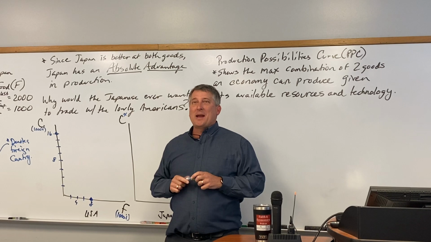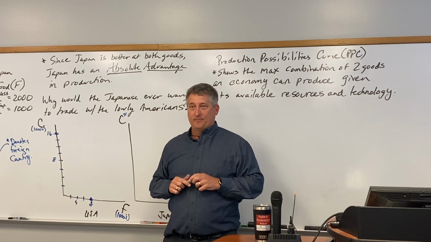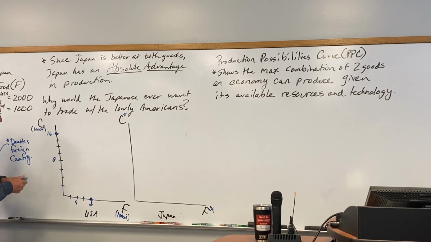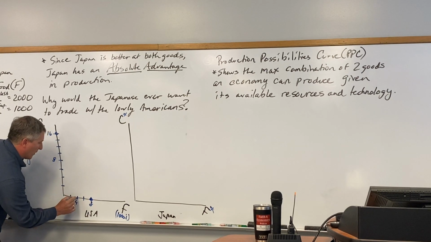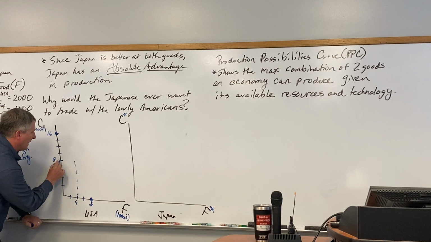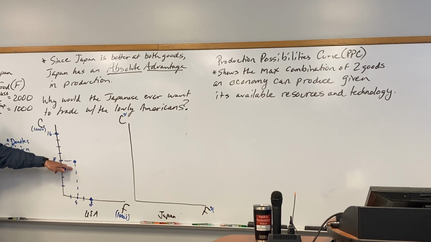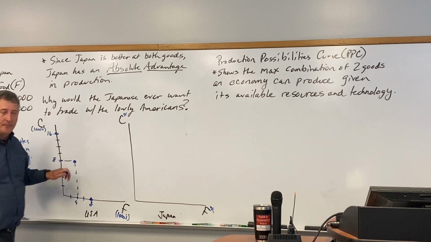What are we making then? 8,000 cars and 4,000. Good, 8,000 cars and 4,000 food. So 1,000 on here gives us 8,000, 1,000 on here gives us 4,000, and so at 4 and 8, that's another production possibility.